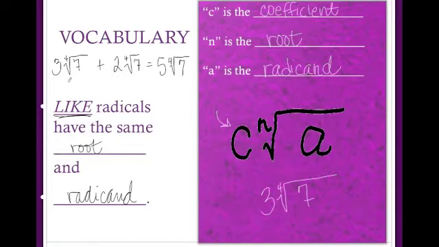You can kind of think about it as being like 3x plus 2x equals 5x, and the x would simply equal the fourth root of 7.